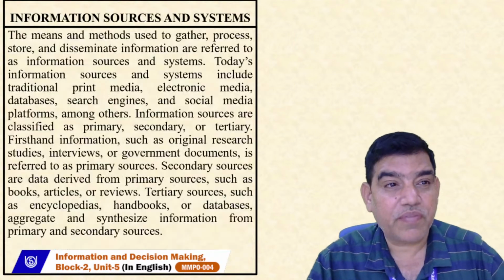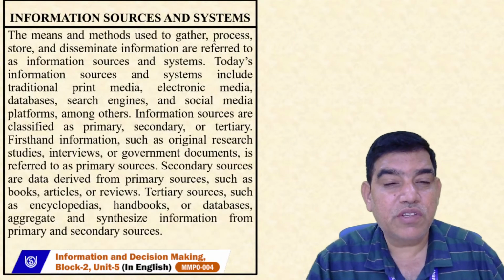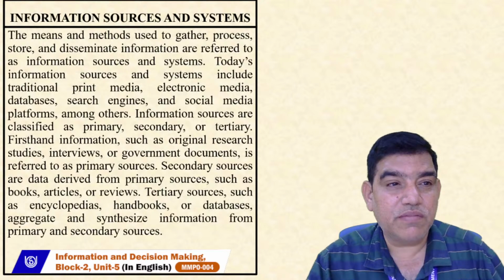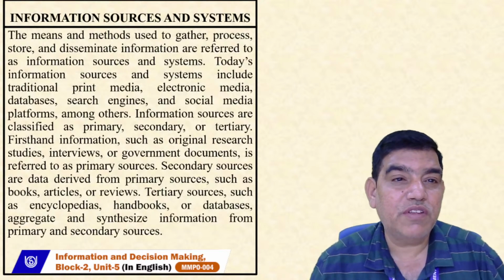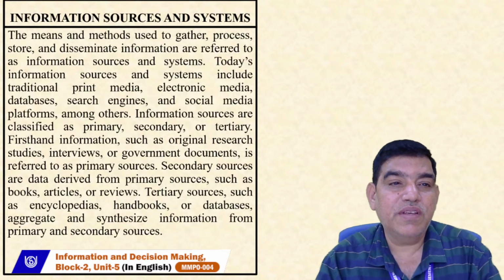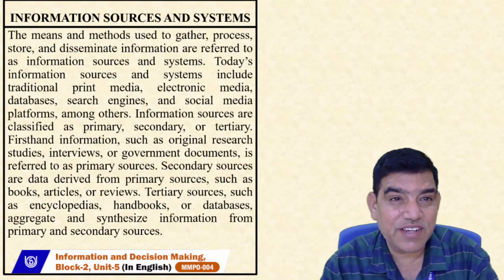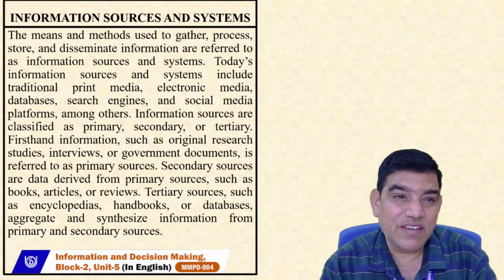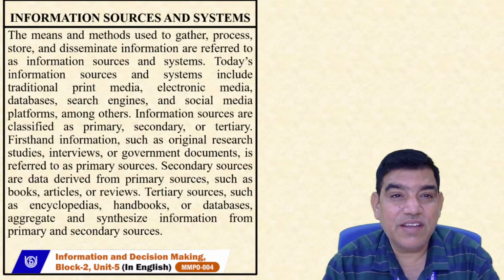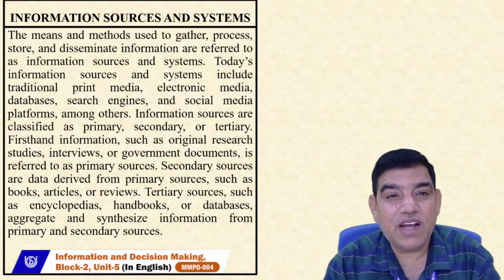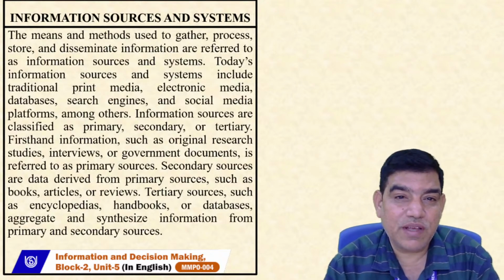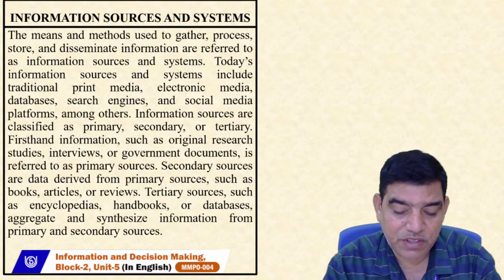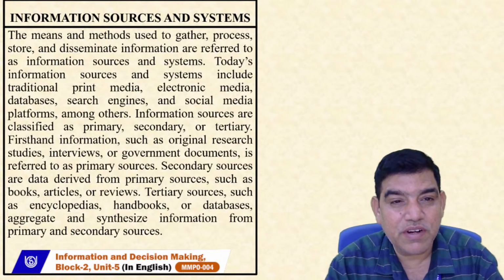Then information sources and systems. Information sources and systems mean where we collect our data and how we use that data in our system. As we know, an information system is the integration of different components.